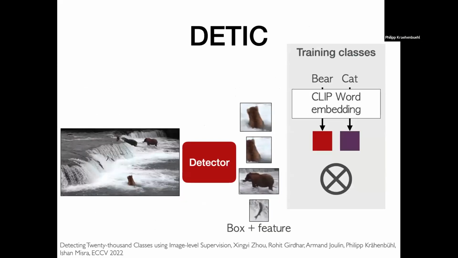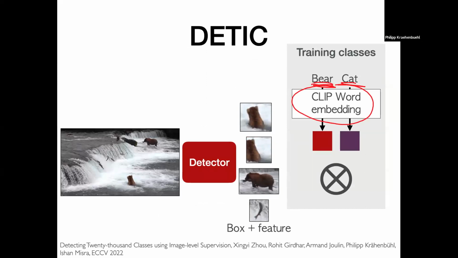And so that brings us to a work we presented at ECCV last year, Detic, where we looked at how we train these very flexible and powerful detection models that use language to guide what you want to detect. The model we looked at uses the CLIP embeddings to embed category names into word embeddings.